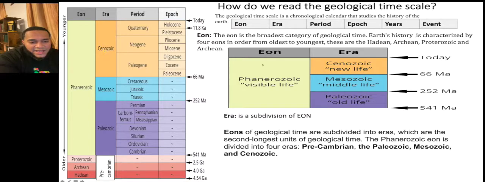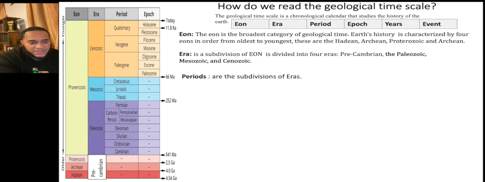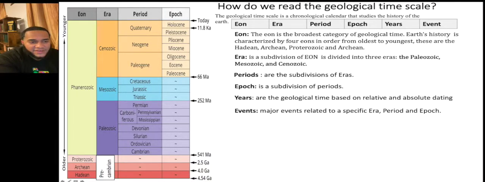Moving into the next category, we have periods, and periods are subdivisions of eras. Moving into the next, we have epochs. An epoch is a subdivision of periods.